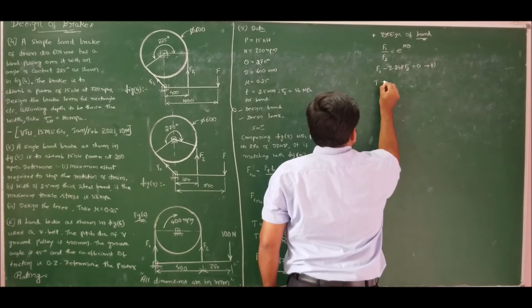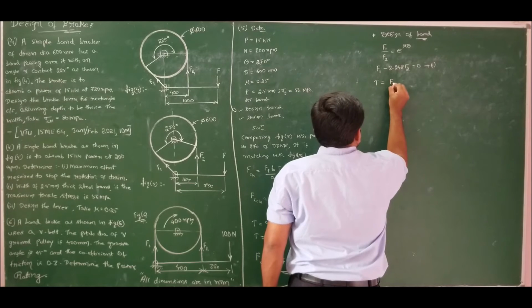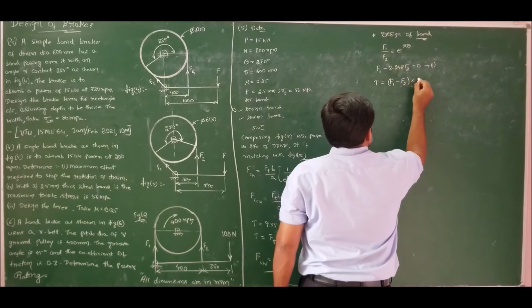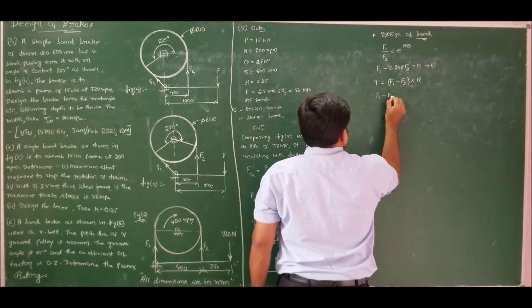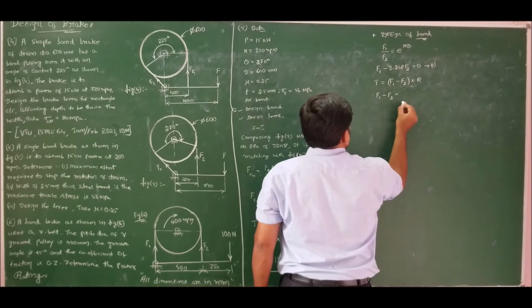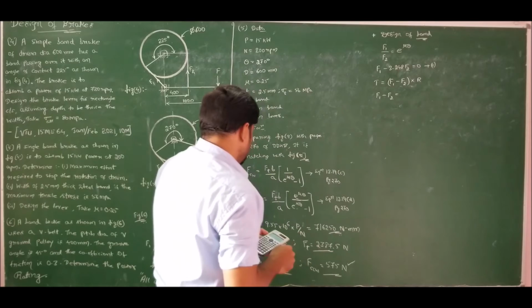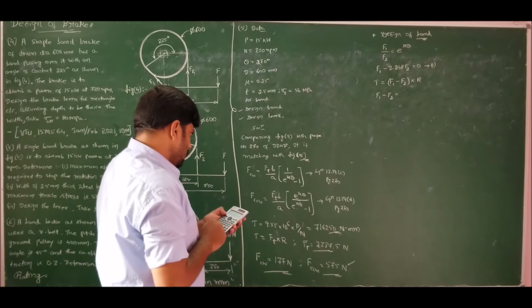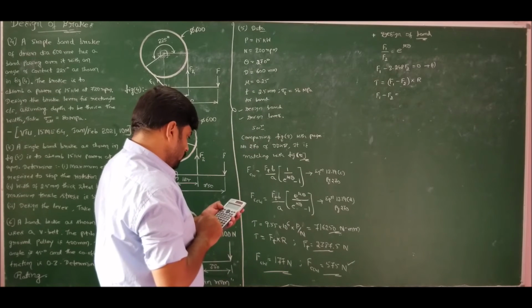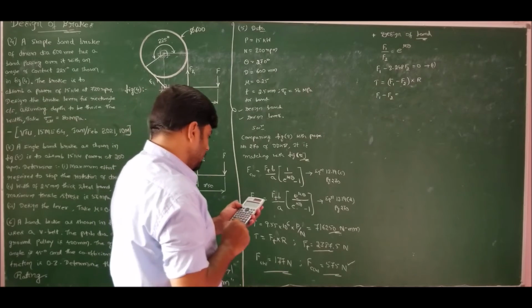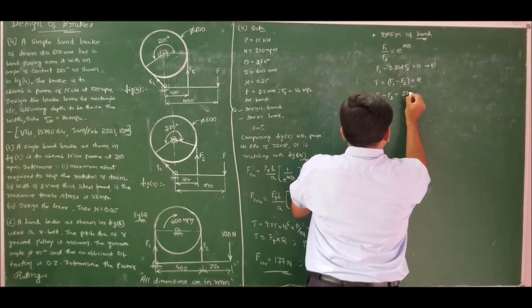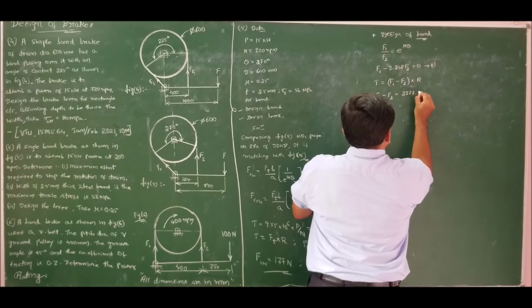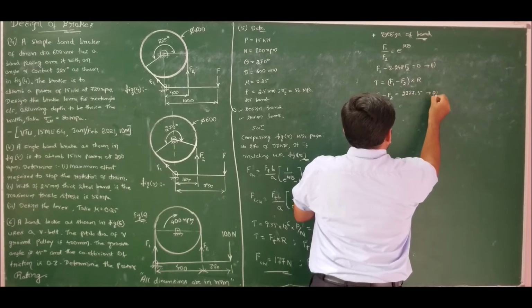Also, from the design of belts, torque is equal to tension in the tight side minus tension in the slack side times the radius. So F1 minus F2 will become T by R. Torque is 716250, radius is 300, which turns out to be 2387.5. Take it as equation 2.